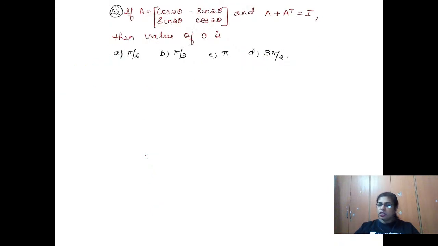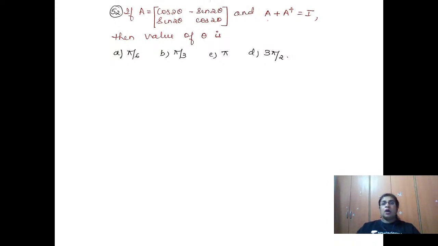Now look at this question. A is equal to the matrix cos 2 theta, minus sin 2 theta, sin 2 theta and cos 2 theta. And they have told us A plus A transpose is equal to I. What is the meaning of transpose?